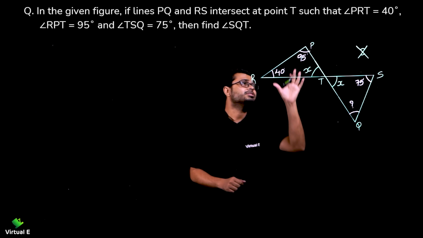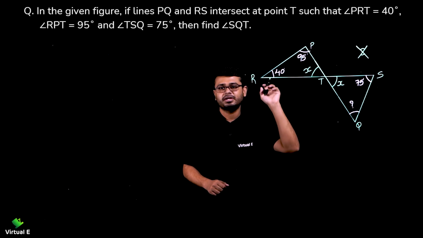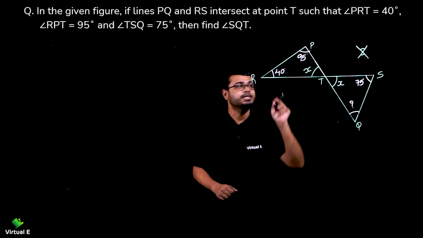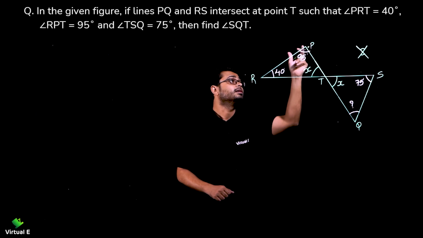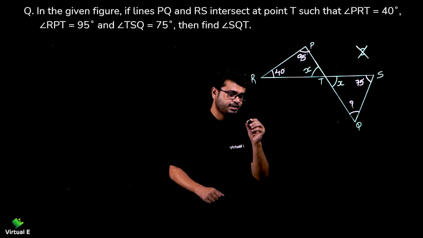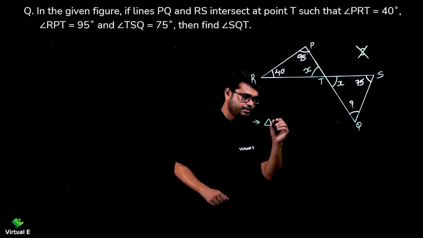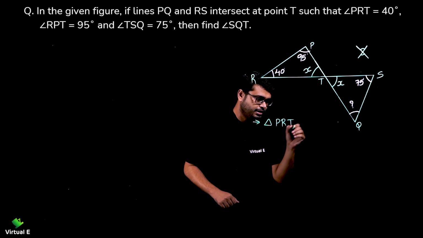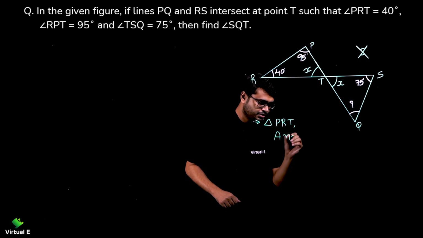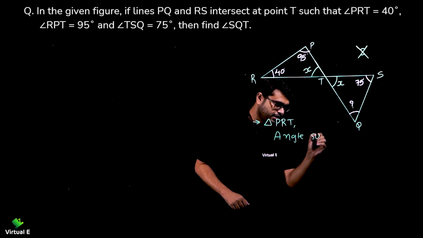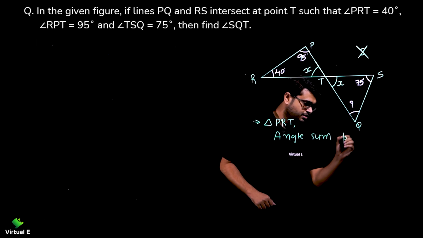How can we get it? Because we have two angles over here, so we can get the third angle very easily. So let's start with triangle PRT. Let's write triangle PRT, and we are going to use the angle sum property.